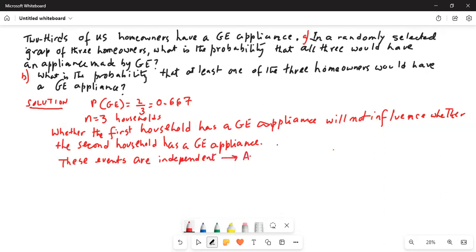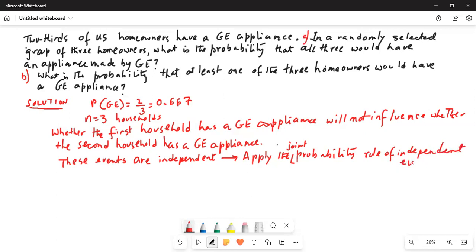Then we will apply the joint probability rule of independent events.